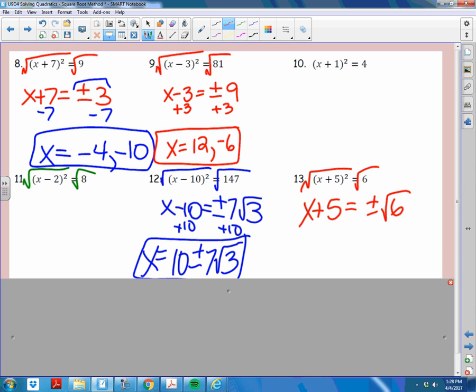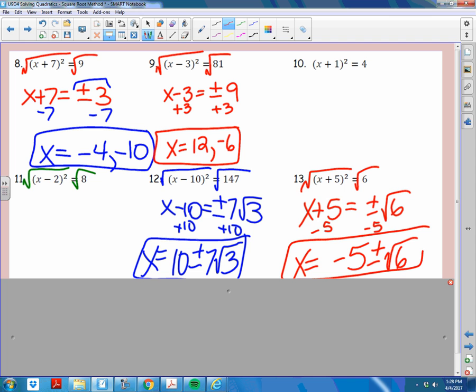So it just becomes plus or minus the square root of 6, stays just like that. So then when you subtract 5 from both sides, here's your answer. X equals negative 5 plus or minus the square root of 6. And that, peeps, is as far as you can go.